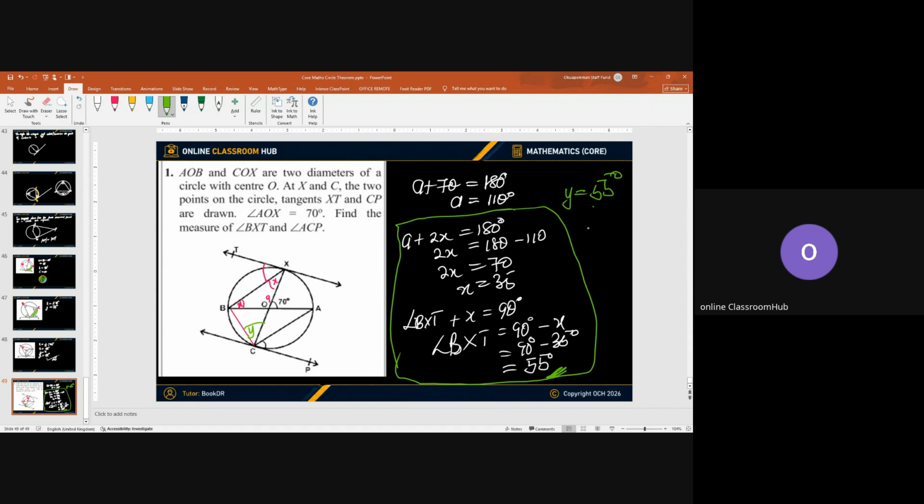That angle between the chord and the tangent BX, angle BXT, will be automatically equal to the Y. So that's another short method of calculating BXT. It's not a continuation of the solution. You either use the green one or you go by the white one to arrive at the 55.